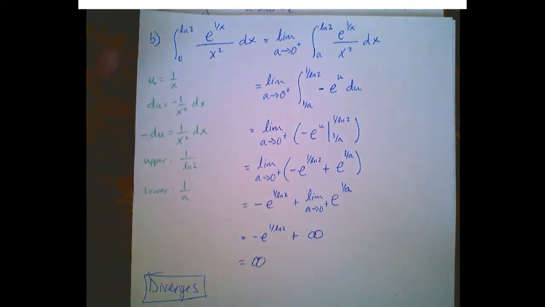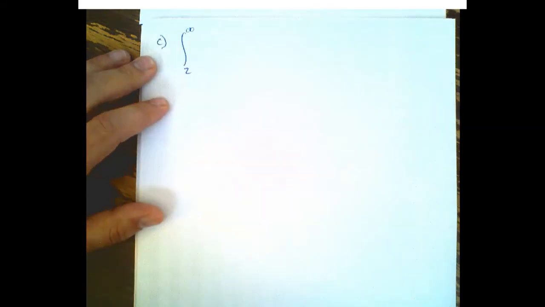Let's do one more. Let's see. So this is the integral from 2 to infinity of 3 over x squared minus x dx.